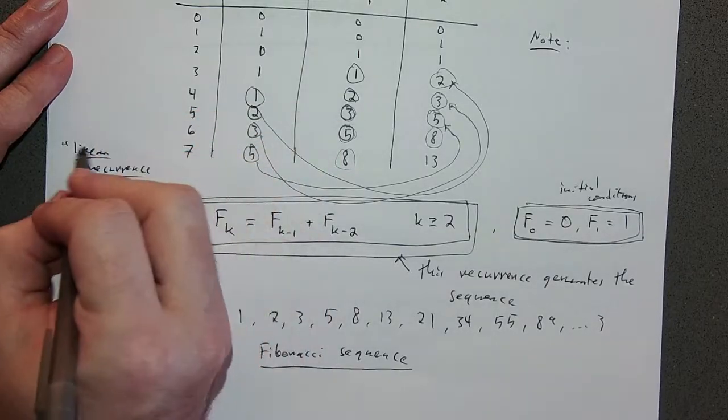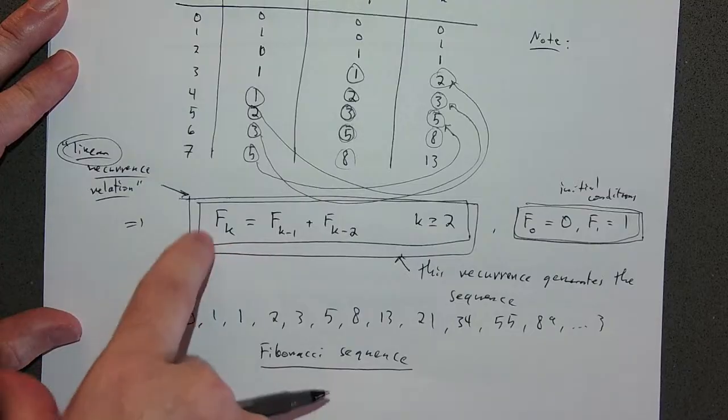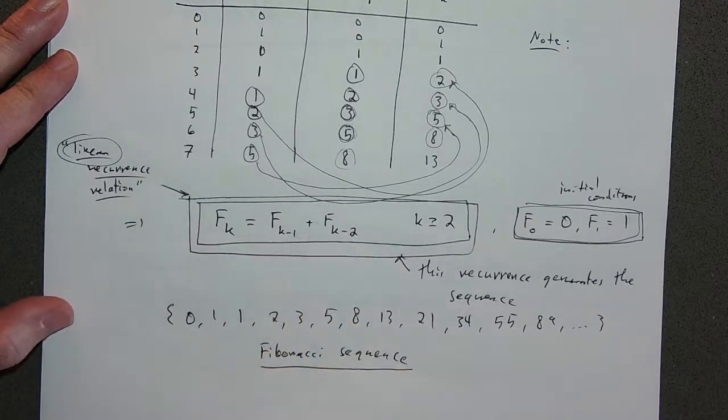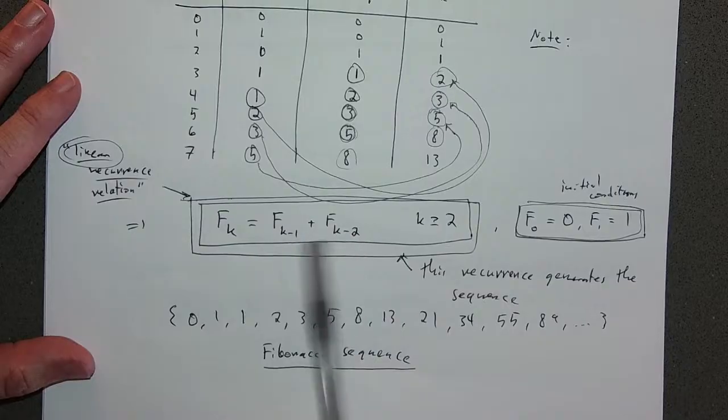Linear here refers to the fact that the kth term in this sequence is related linearly to the terms that come before it. What do I mean by that? I mean that this is a linear expression in these terms.